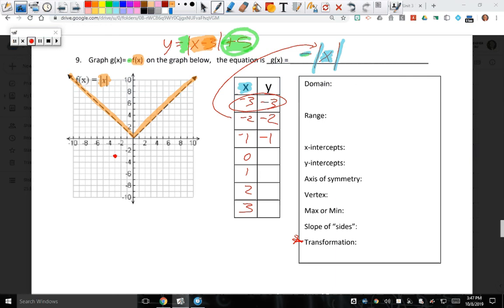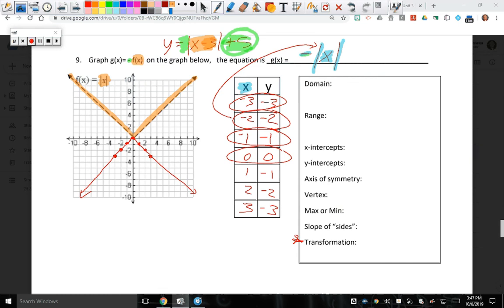0. Is 0 ever positive or negative? No, it's neither, okay? And then 1, what would 1 become? -1, and then -2, -3. So that I have -2 is here, -1 is here, so on and so forth. You're just plotting all these points so that the graph looks like this.